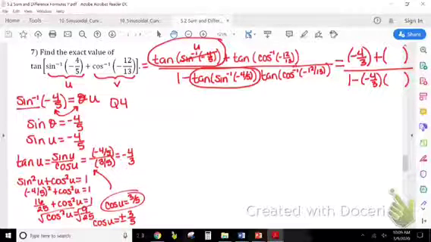Now we need to go find tangent of the inverse cosine of negative 12 over 13. Well, let's take that inverse cosine of negative 12 over 13, and we know it's going to equal an angle, but we're going to call it angle V because that's what it's in the place of.